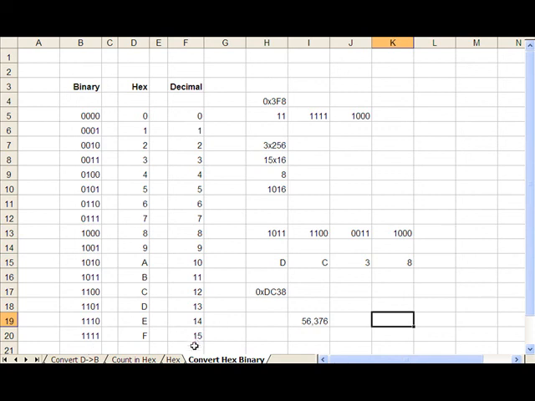Going from decimal to binary, binary to decimal, binary to hex, and hex to binary, those are the conversions that you should be able to demonstrate with small numbers on paper and with larger numbers using a calculator.